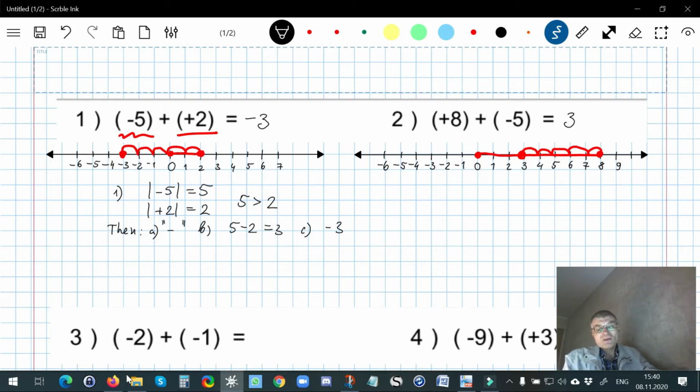So we just add 2 plus 1 and then use the negative sign. It's minus 3. In all such examples, when both signs are positive or negative, those are the most favorable examples. We just add and then use the sign. Let us do the same here.